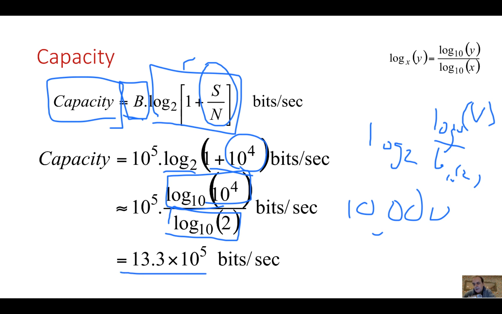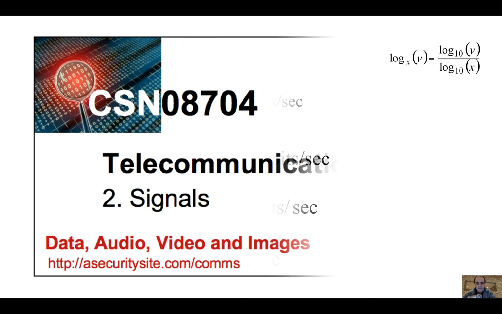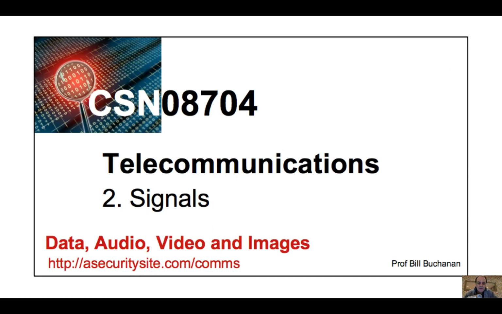And then we do the calculation there, and we see that it's 13.3 times 10 to the 5 bits per second. Okay, so the main thing here is that the capacity of the link really is related to the signal to noise ratio. If we can make this high, then it increases our capacity. Okay, so that's been a brief introduction to signals.